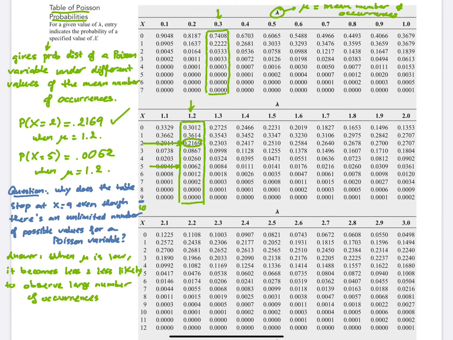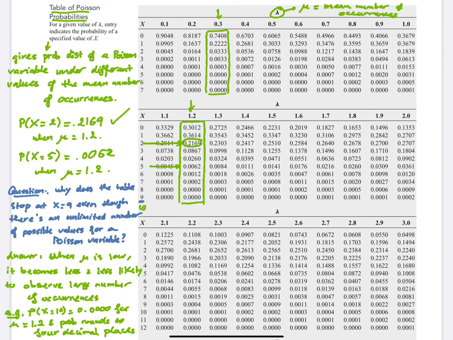So the probability that x is 10 is going to be equal to 0.0000 for mu equals 1.2, when the probability rounds to 4 decimal places. And the probability that x is equal to 11 is also 0. The probability that x is equal to 20 is also 0, and so on and so forth.